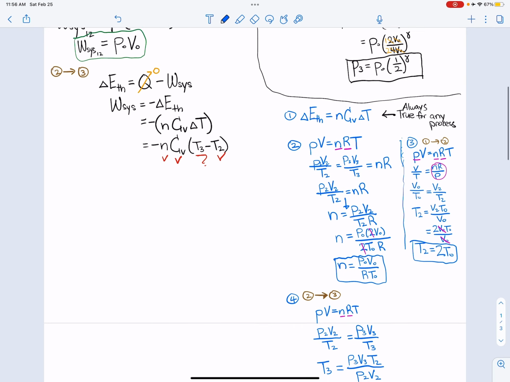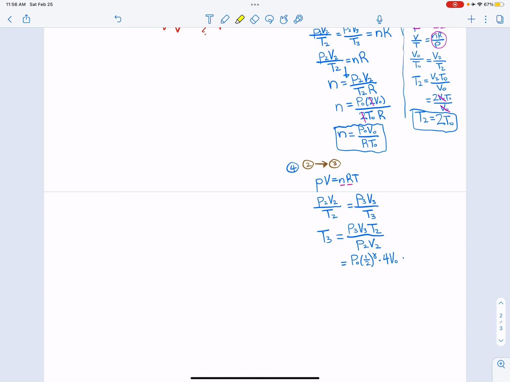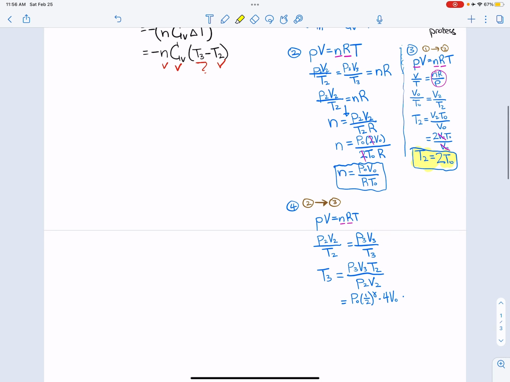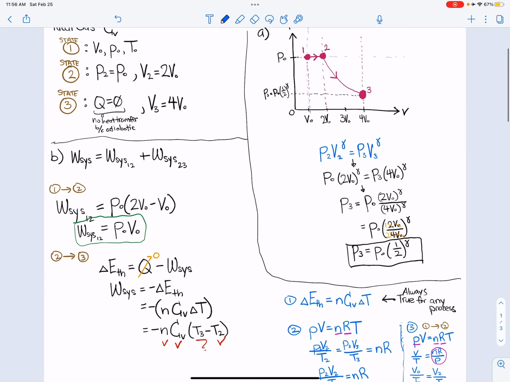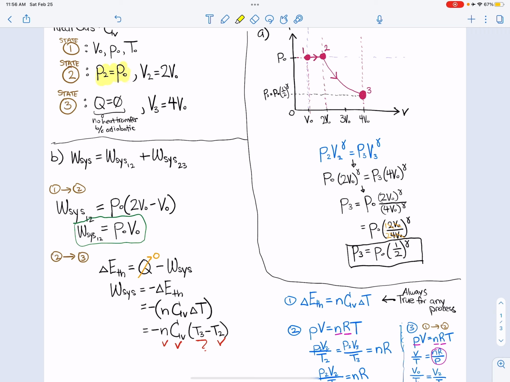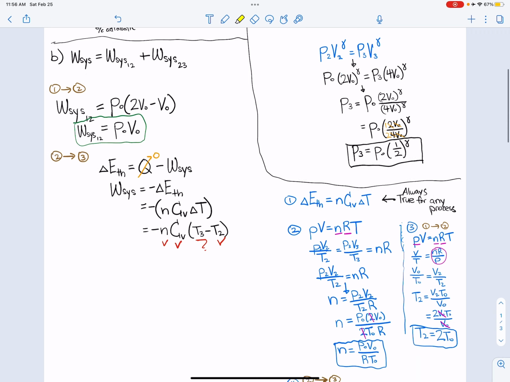T2, did we solve for T2? Yes, we did, right here in side quest number 3. So times 2 T naught divided by pressure at 2, which I believe is isobaric. Yep. So pressure at 2 is the same as P naught, the same as pressure at state 1.